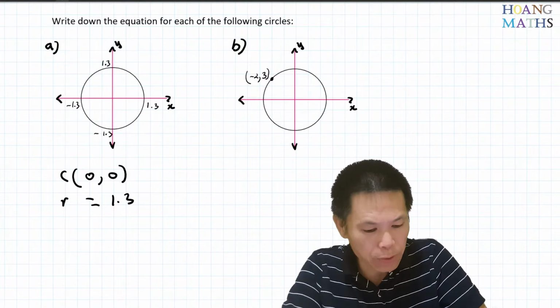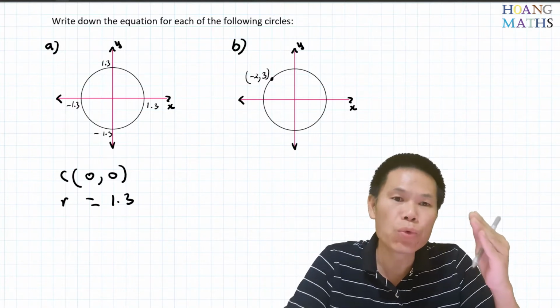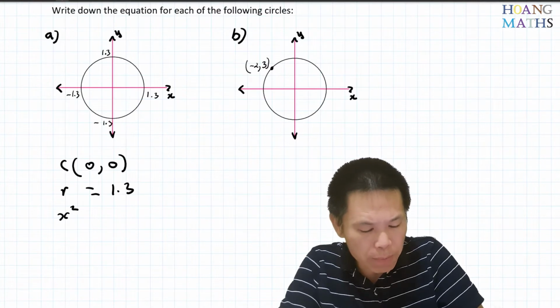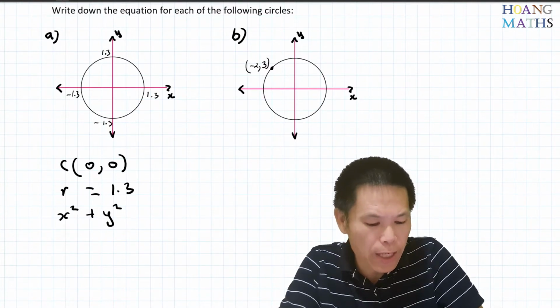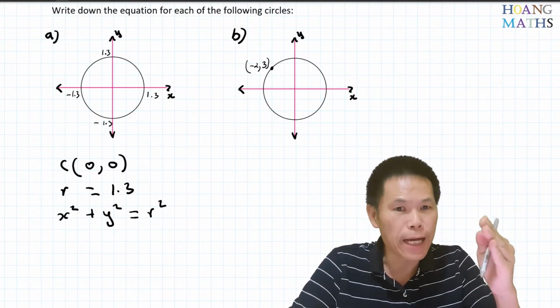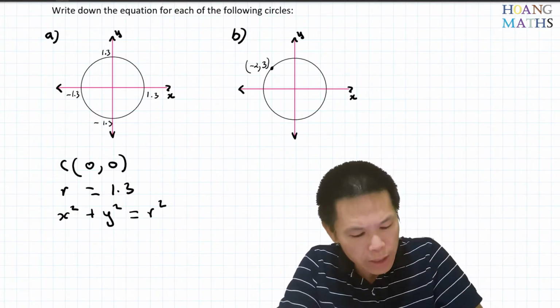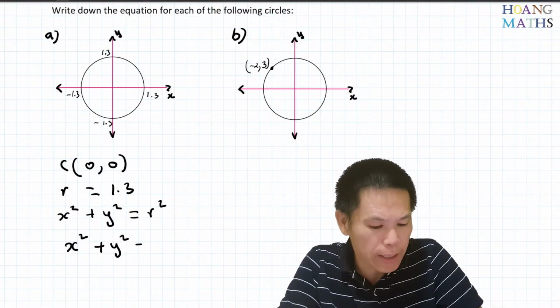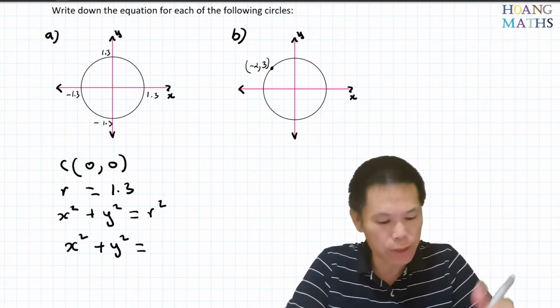The general rule for a circle is X squared plus Y squared is the radius squared. So X squared plus Y squared is equal to 1.3 squared.